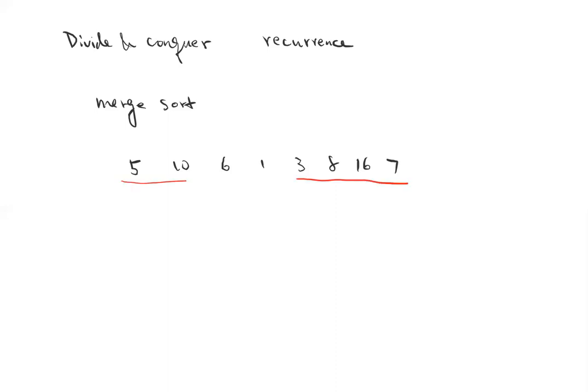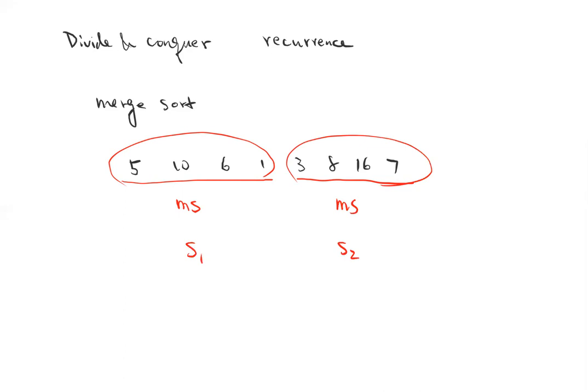To solve this problem, we evenly divide these 8 numbers into 2 groups. Then use the same method, say, merge sort for this part and merge sort for this part, to produce 2 sorted lists, S1 and S2. Then merge S1 and S2.